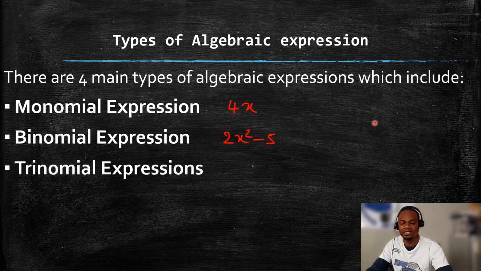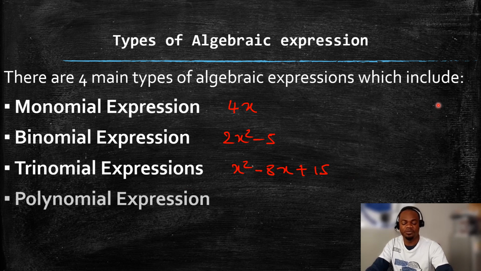Another is a trinomial expression. This is when the expression consists of 3 terms, like x squared minus 8x plus 15. So x squared is a term, negative 8x is a term, 15 is also a term, and all these 3 terms together is an expression, specifically a trinomial expression. Then we also have polynomial expressions.